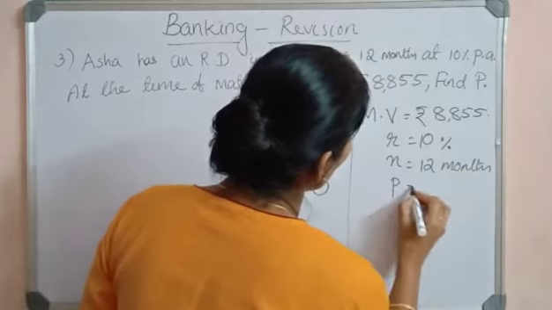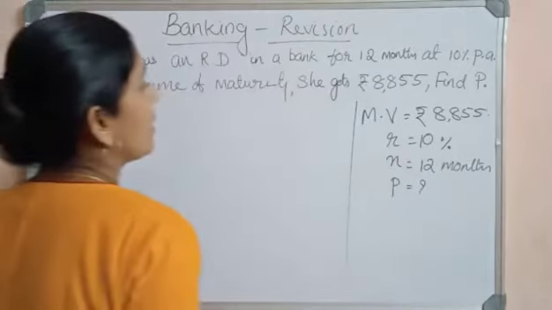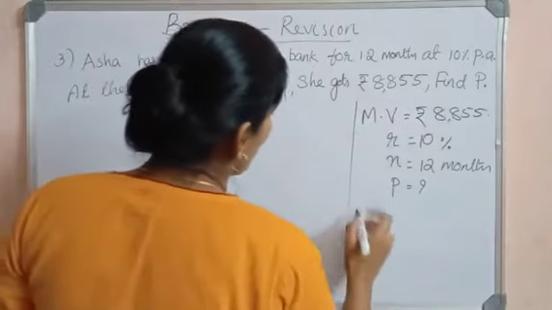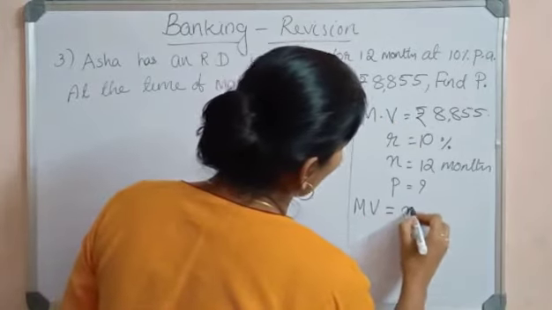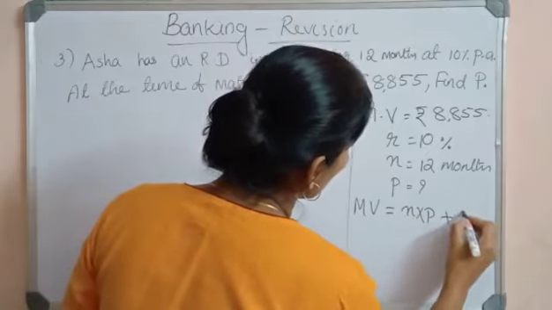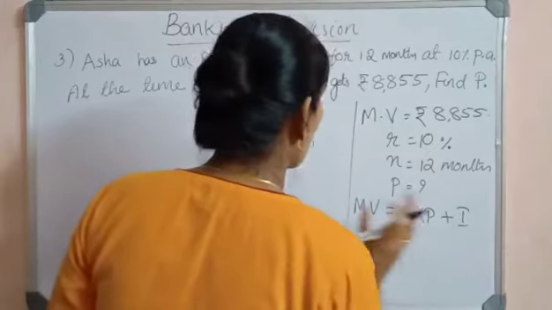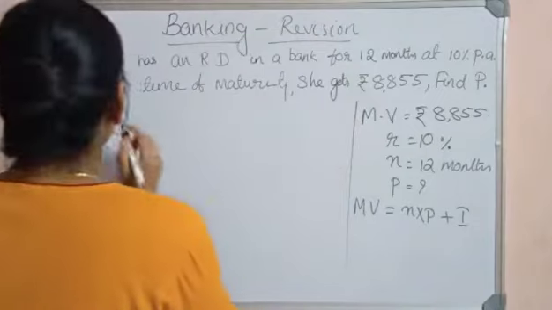We need to find P, that's the monthly installment. By using the formula of maturity value, maturity value is equal to N into P, the amount deposited, plus I, the interest earned for that. Let's write it.